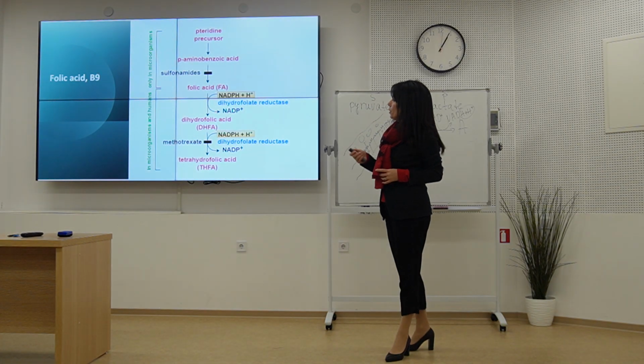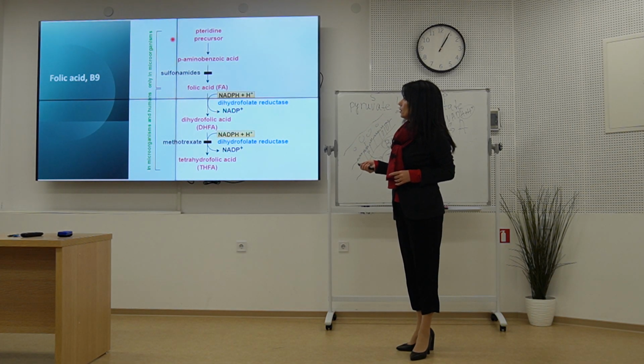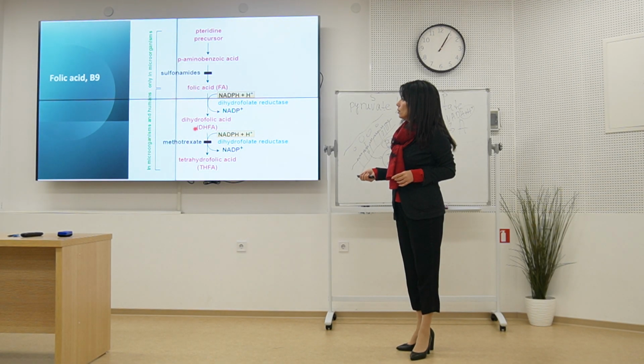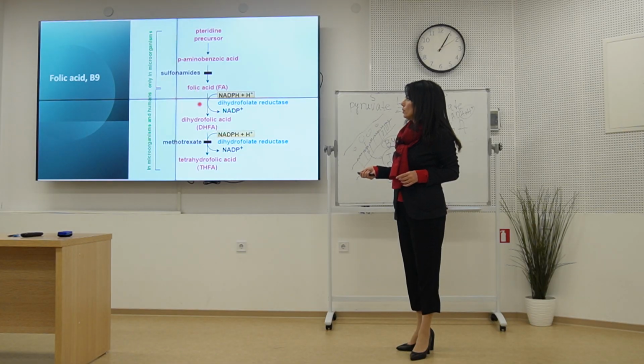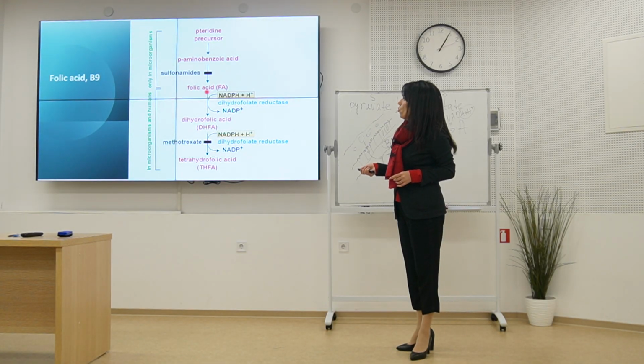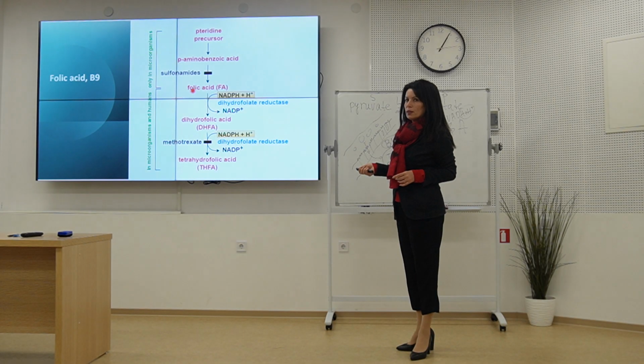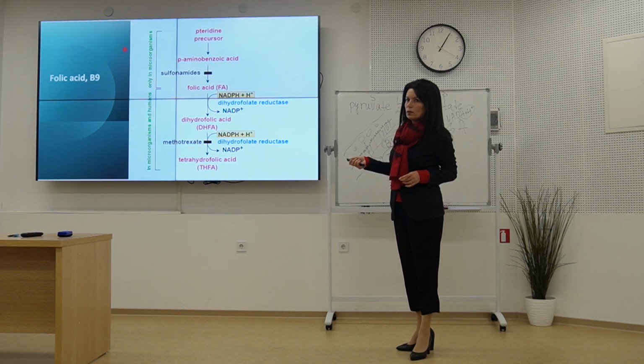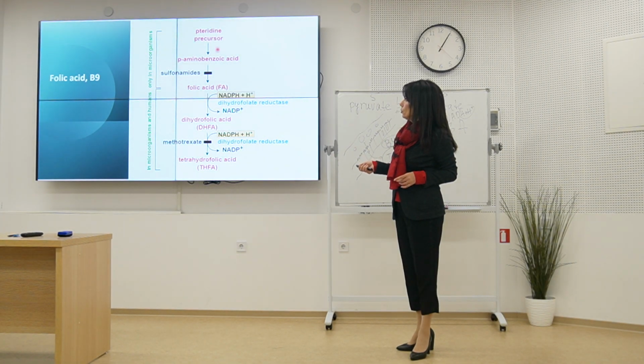Actually, students, tetrahydrofolic acid is formed from folic acid in these double-step reactions. We take folic acid as a vitamin from the food, but it can be synthesized only in microorganisms, only in microorganisms by these two reactions.